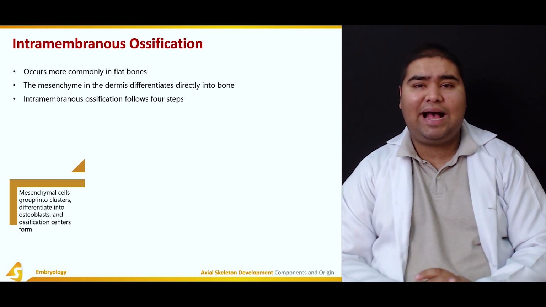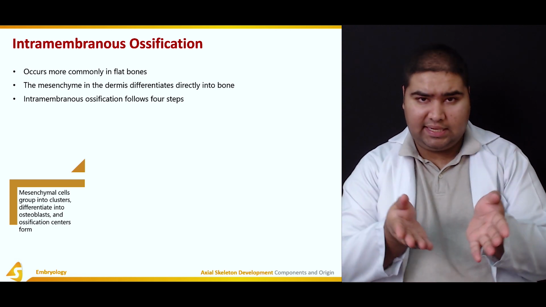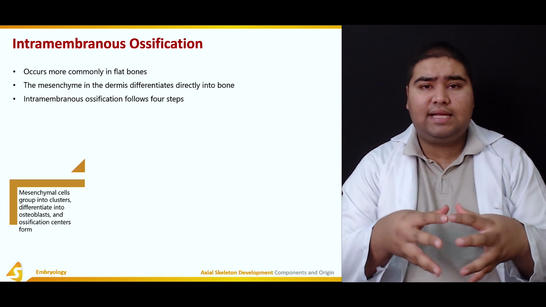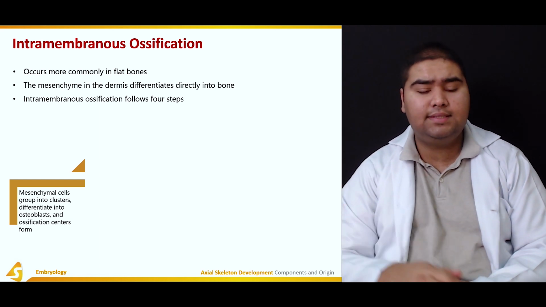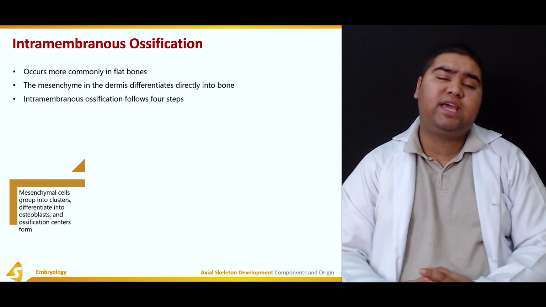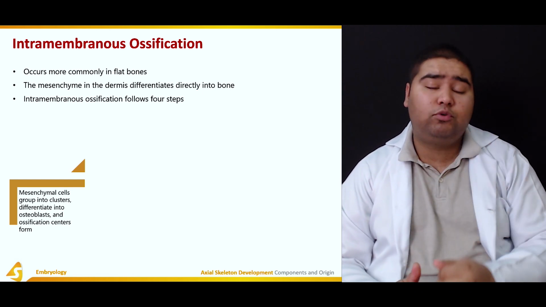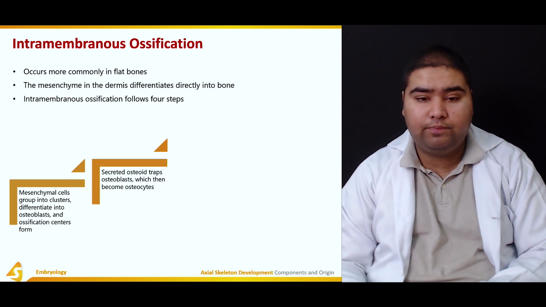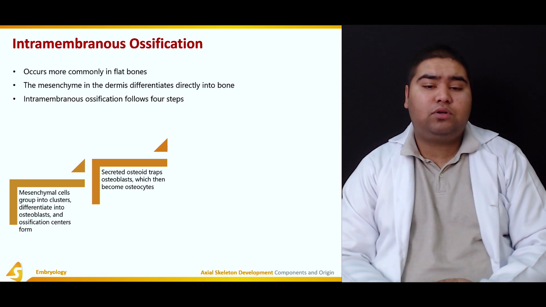So initially we had the mesenchyme. The mesenchymal cells formed a cluster. This cluster differentiated into osteoblasts, the bone forming cells, and an ossification center, that is a center from where the formation of bone begins, is formed. Now, the secreted osteoid traps osteoblasts.